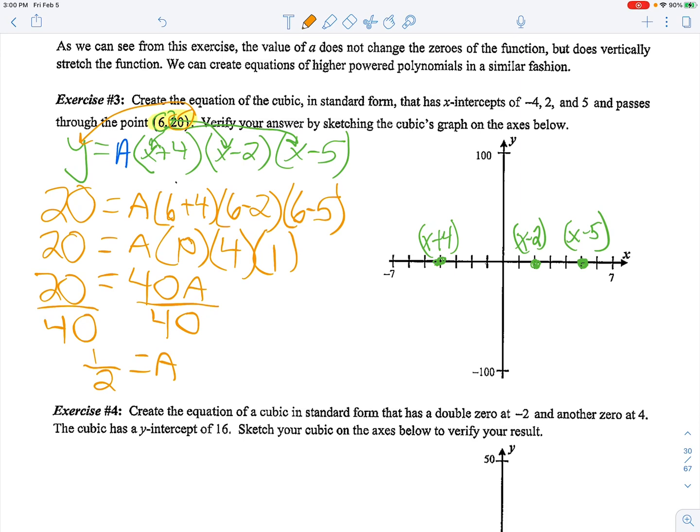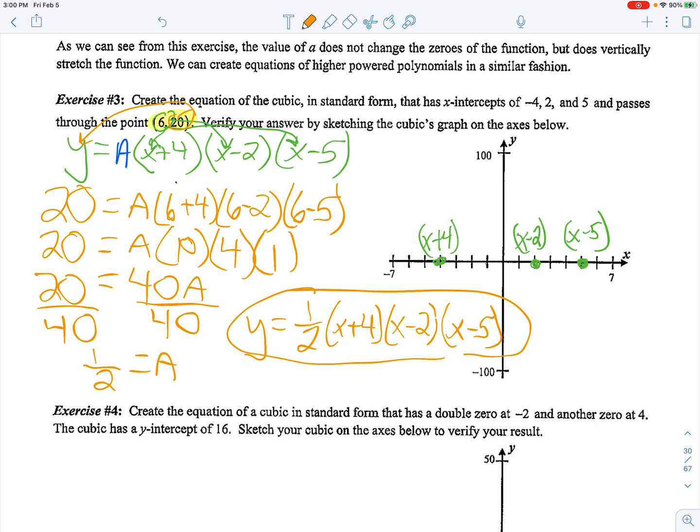Divide by the 40 here. 20 over 40 is 2 over 4, which is 1 over 2 reduced. So this leading coefficient is a half. I'm going to plug the 1/2 back in for a, and I get y equals 1/2 times (x plus 4), no specific order with the factors, times (x minus 2) times (x minus 5).